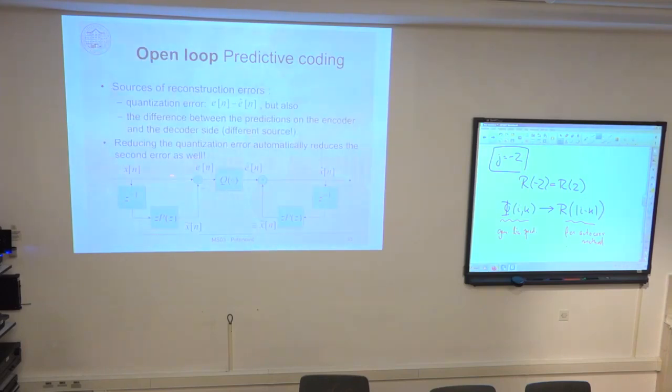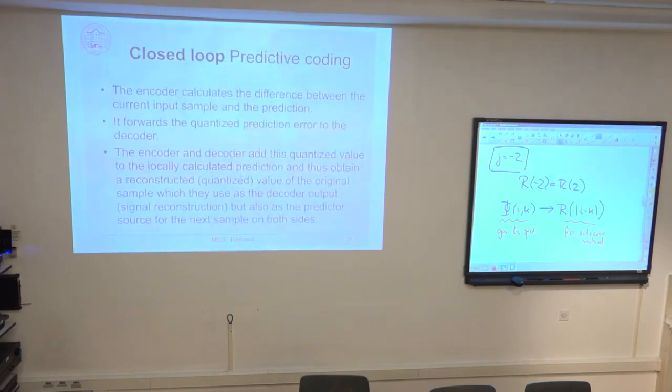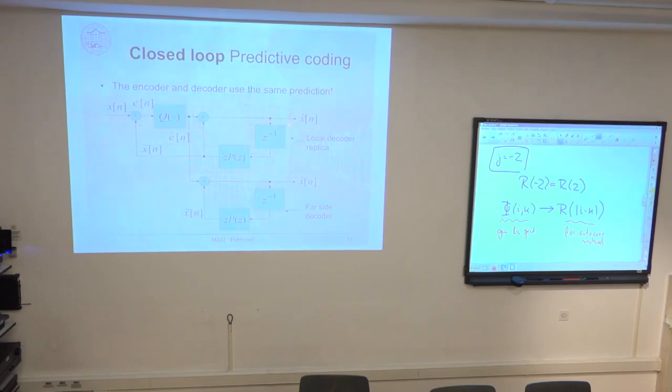For the open loop, I use x of n to compute the prediction, x tilde. But now I will use x hat of n to compute the prediction, also on the encoder side, not only on the decoder side. So I will have a local copy of the decoder on the encoder side.